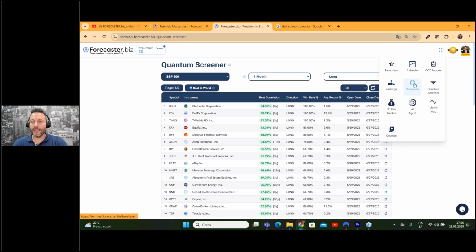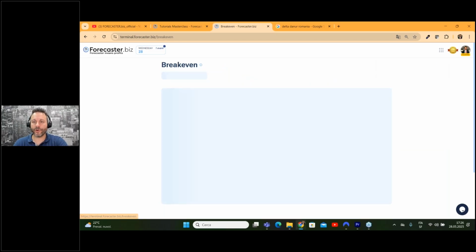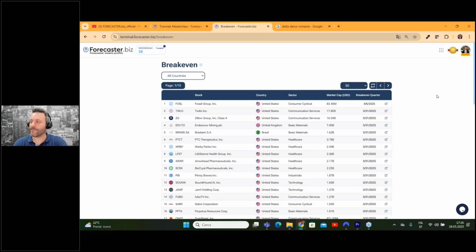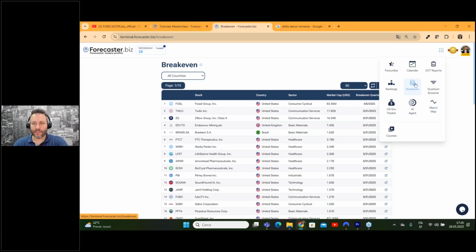Perfect. Something else you can use as inspiration for your investment idea is the break-even. This is, again, a very simple idea, but very difficult to do without software that does it.